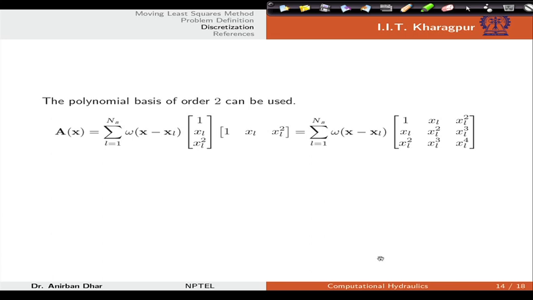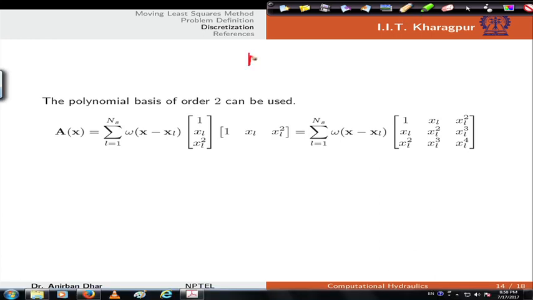So, in this case polynomial basis of order 2 can be used. If you use polynomial basis of order 2, that means we are using 1, x, x square.